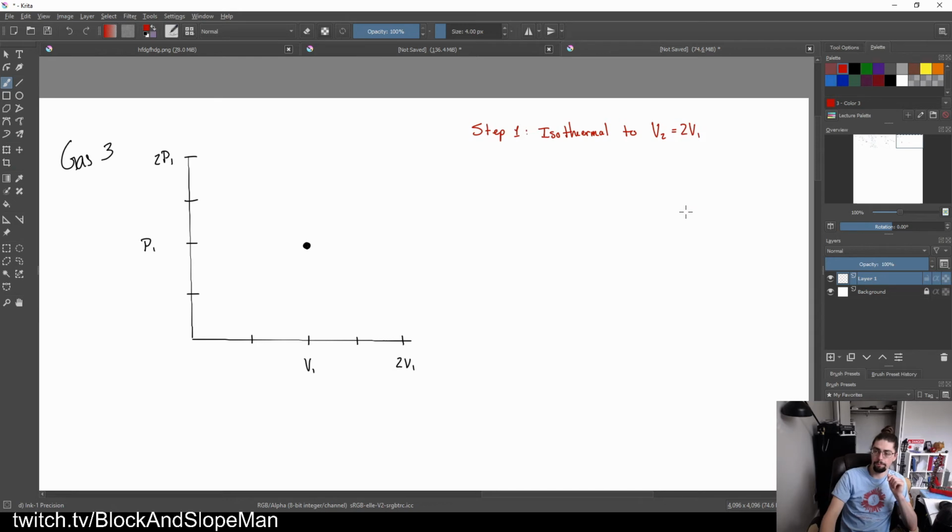Right there. Okay? Well, what we can do then is we can say, all right, as long as we are in an isothermal transformation, then I know this equation right here applies. P1V1 is equal to P2V2. I want to put everything in terms of my initial variables. So I'm going to plug in for P2.